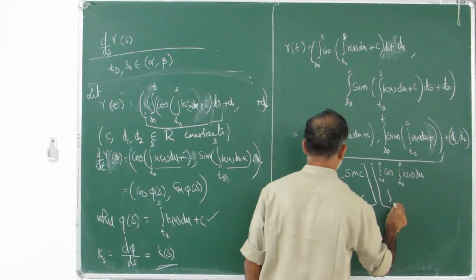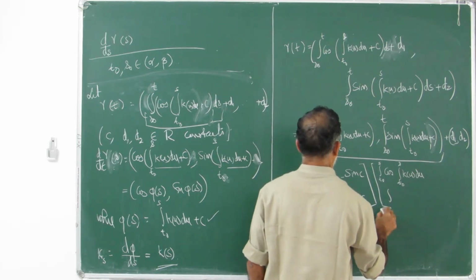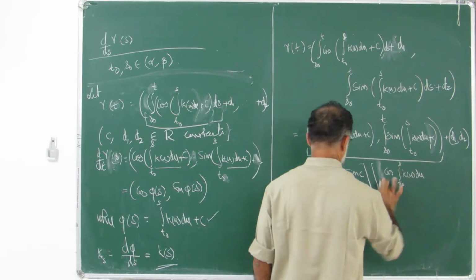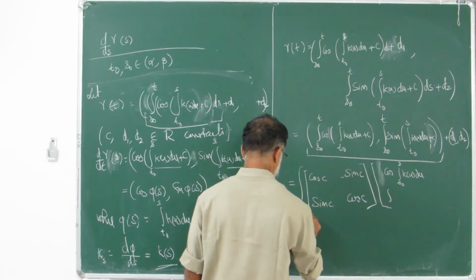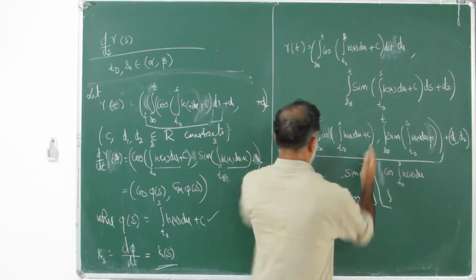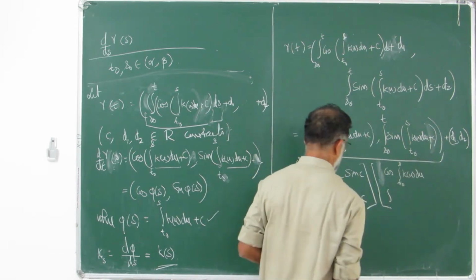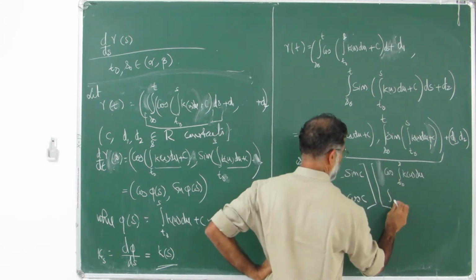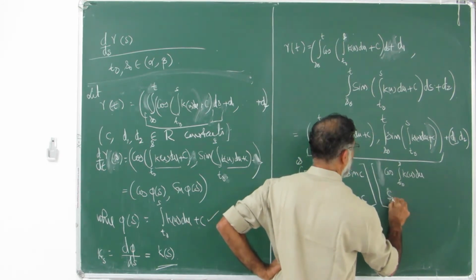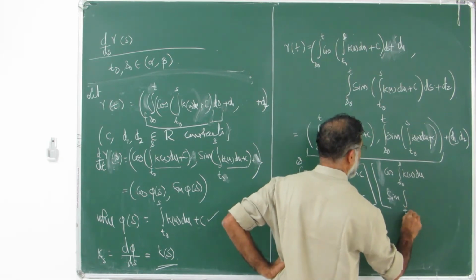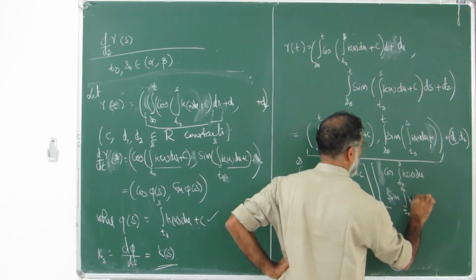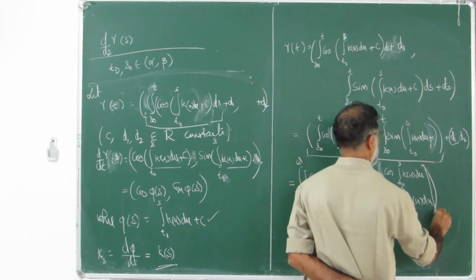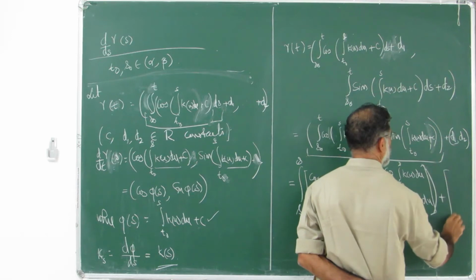So this is integral from S0 to S. That is it. I'm only expressing this inner part. Both are integral from S0 to S, so only the inner part I am discussing. That will be sine integral from T0 to S of K(u) du. So this is the vector. Plus, of course, you have this vector.